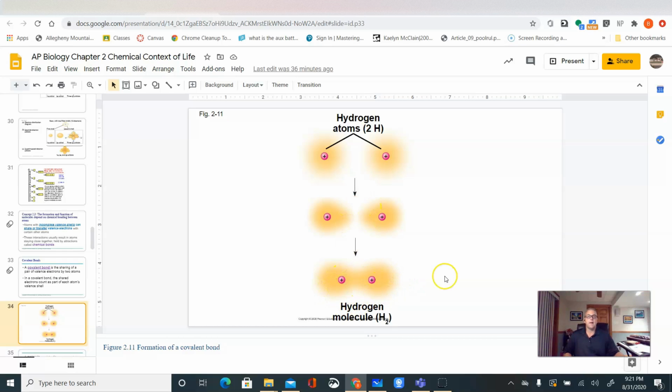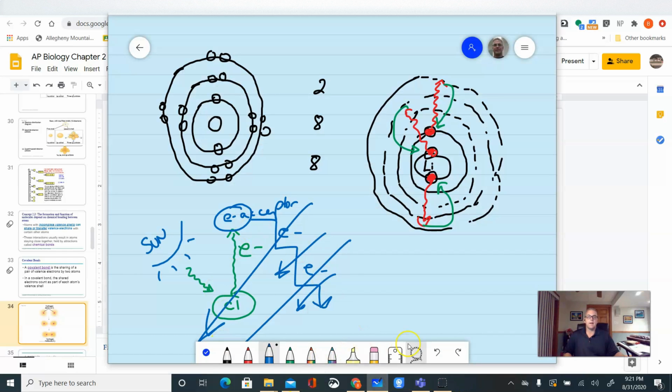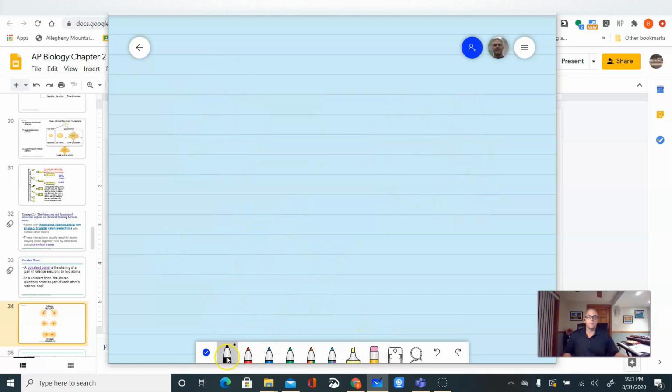In this case, if I were to click over to my drawing pad here, I could show you something that would depict what's happening with our hydrogen.